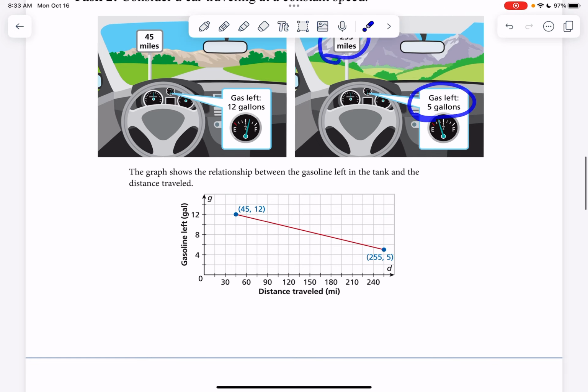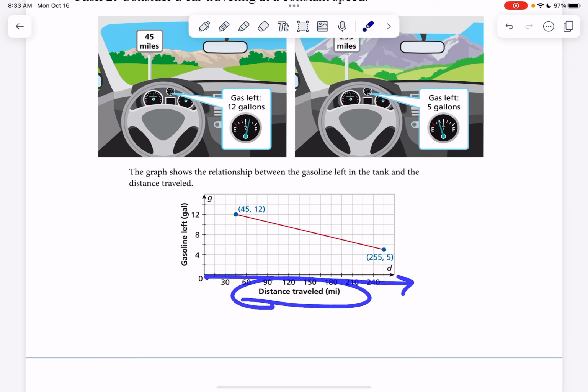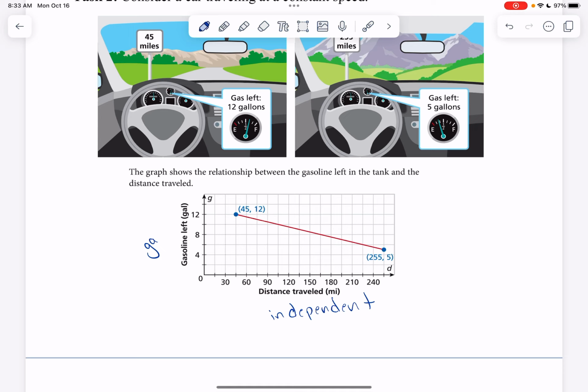So if we put a graph to this, if my distance traveled is my x, or in this case they use d, this would be my independent, because the gasoline I have left depends on how far I travel. So my dependent is my gasoline left. The amount of gas I have left in my tank is dependent on how much I travel.